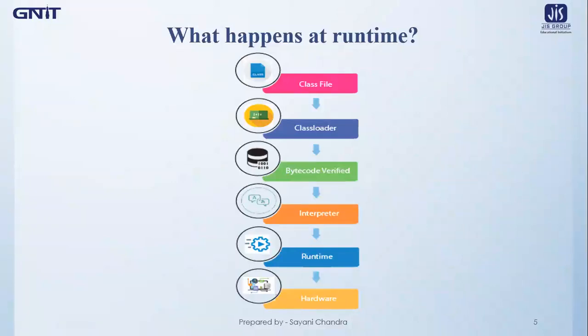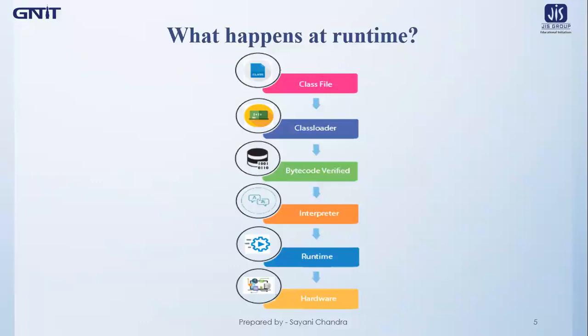This is what you can see on screen, and this is what actually happens at runtime. These are the internal details of the program that I have written. In the previous slides, you have already learned how to compile and run the first Java program. Here we are going to learn what happens internally while compiling and running the Java program.